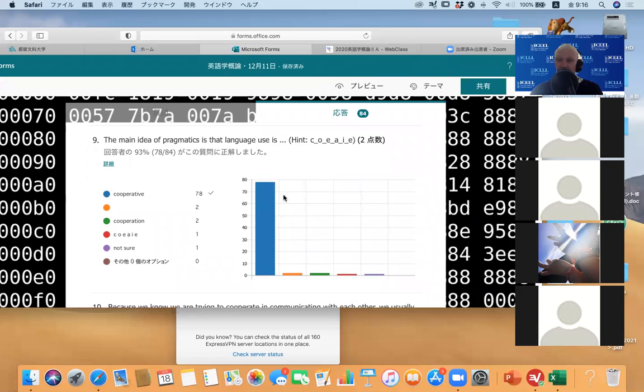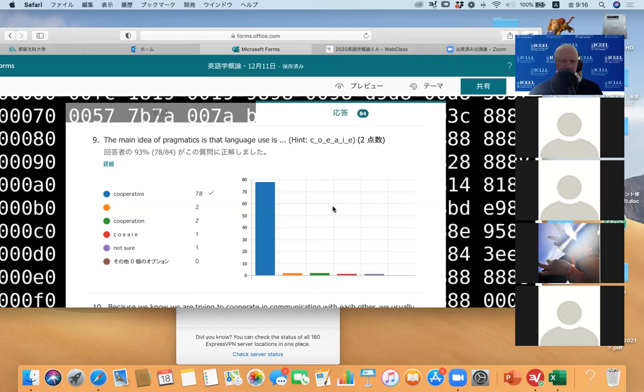When we use language, we're cooperating, right? The way we understand language in use is we kind of think, okay, that person is cooperating in some way, giving me something useful, giving me something maybe interesting, right? And that's how we understand it.